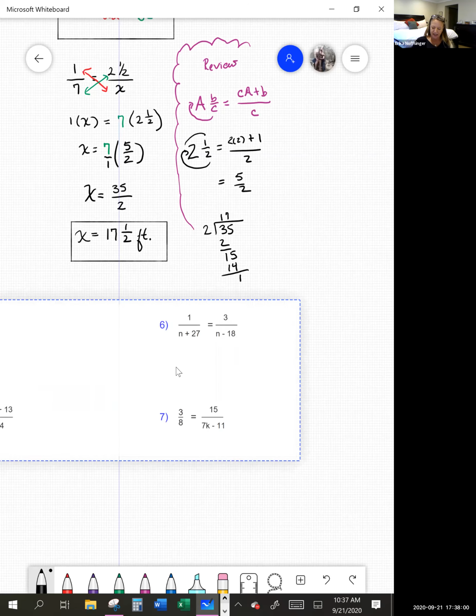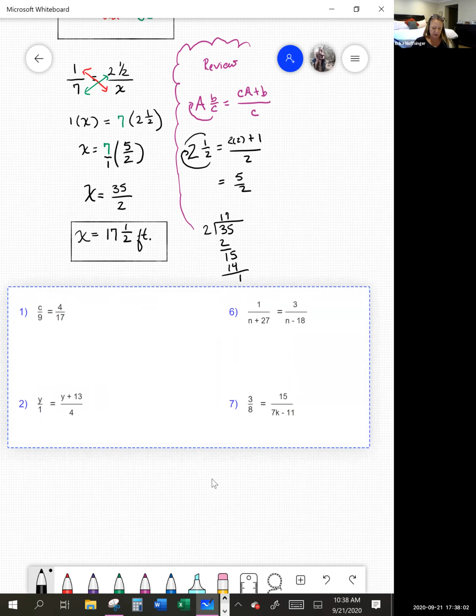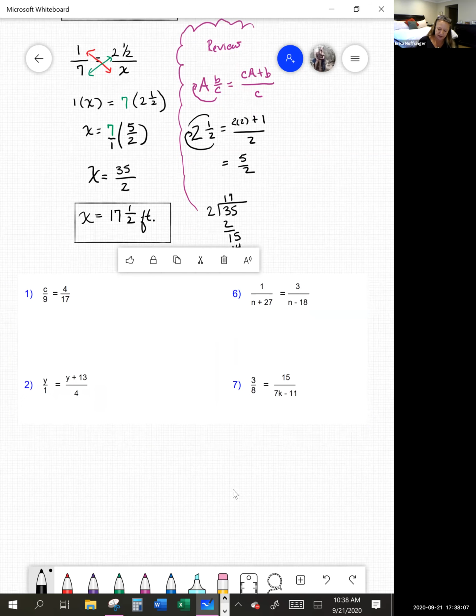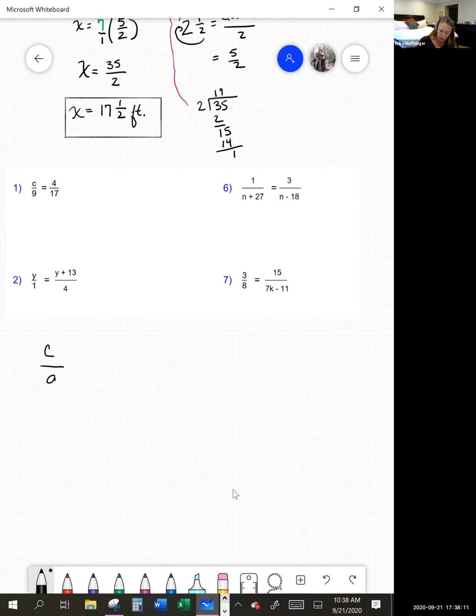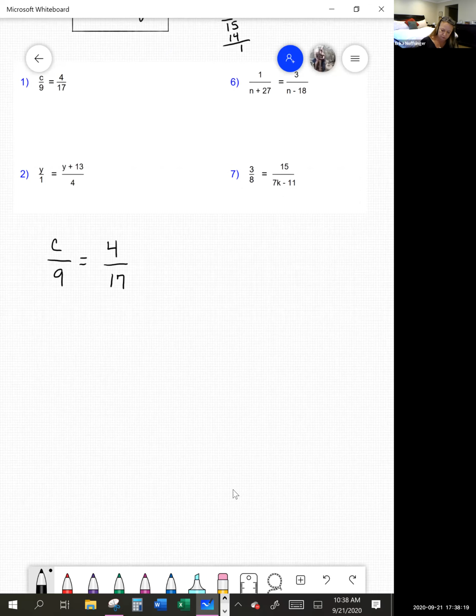So let's say we had C over 9 is equal to 4 over 17. And we want to solve for C. Again, we're just going to use our cross product because we have a fraction equal to a fraction.